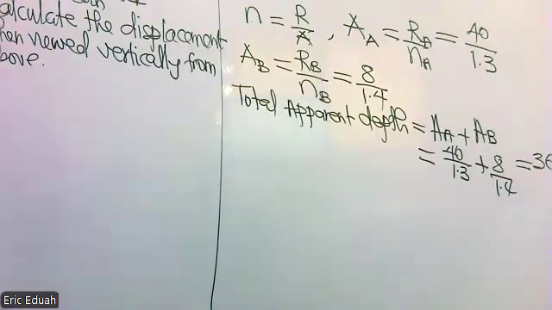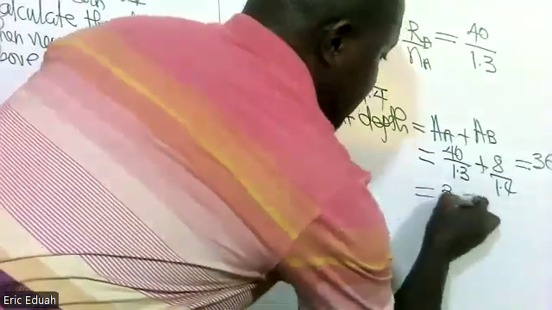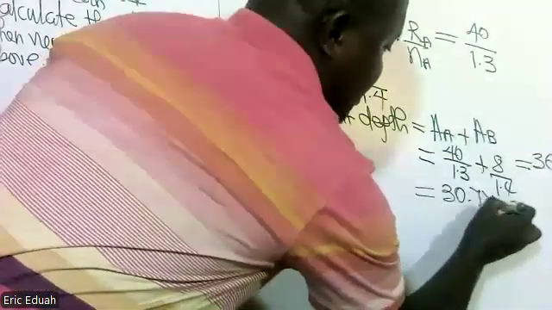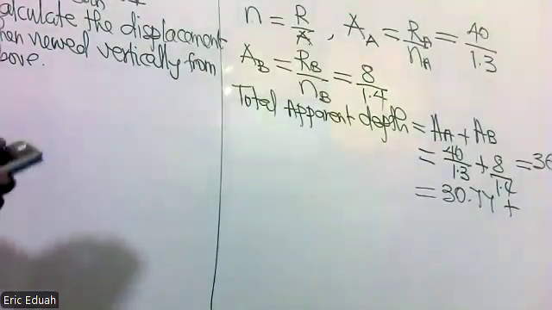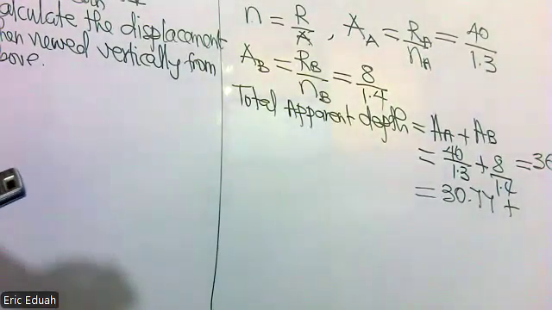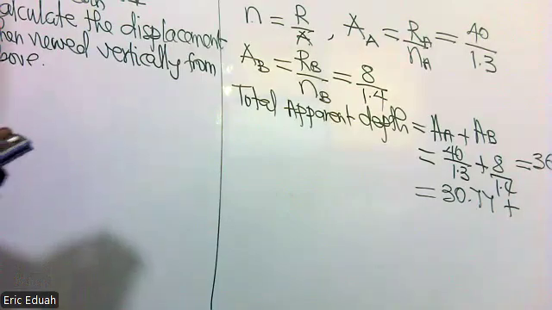Okay, let me also confirm. 40 on 1.3 is 30.77 approximately. Plus 8 on 1.4 gives us 5.714.